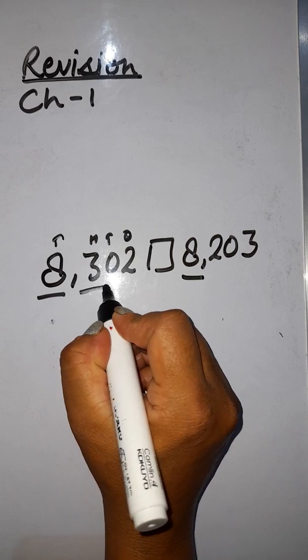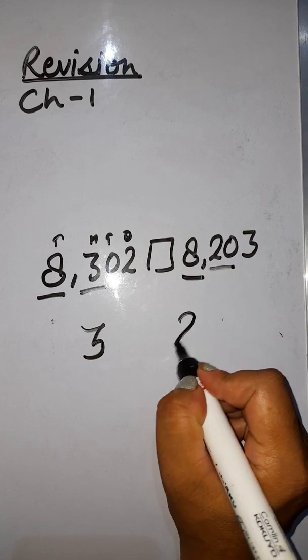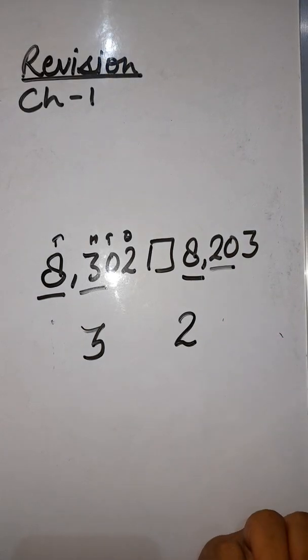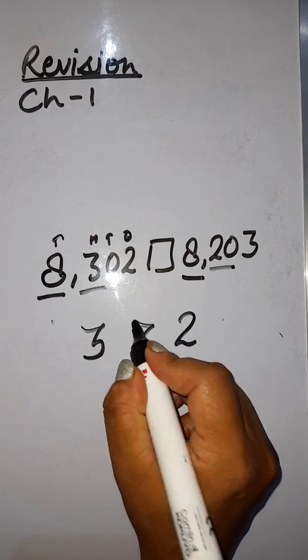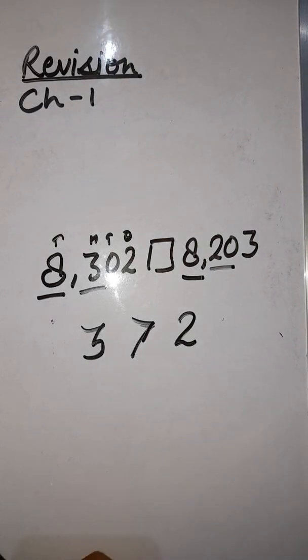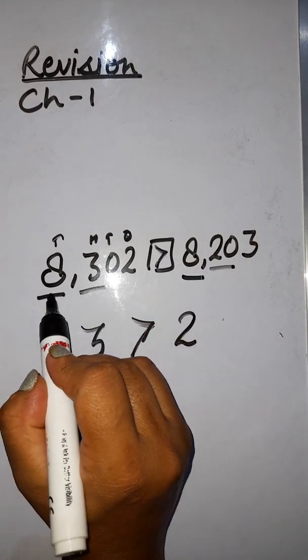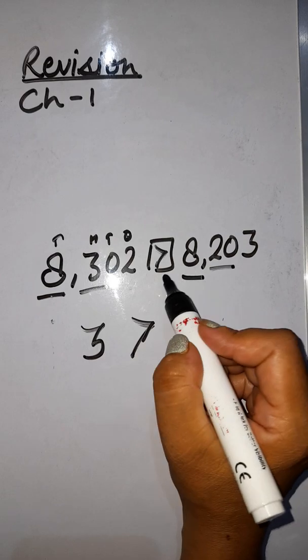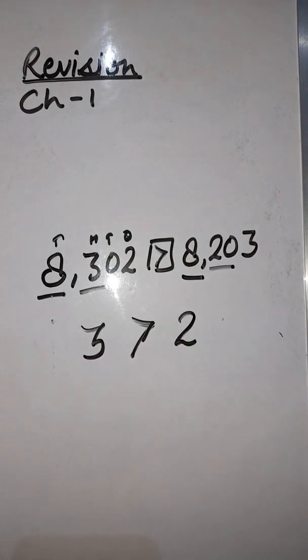Here the hundreds place is 3, and here it is 2. Which digit is bigger? Yes, 3 is bigger than 2. So the sign would be greater than here. It means 8302 is bigger than 8203. Understood?